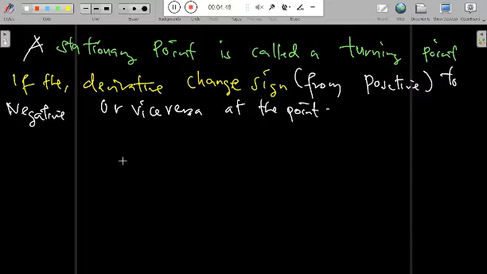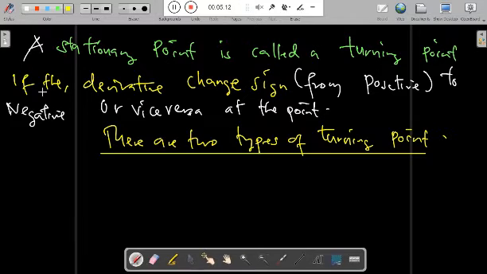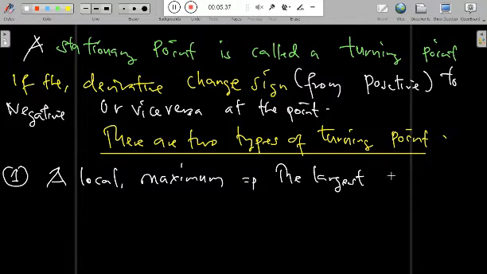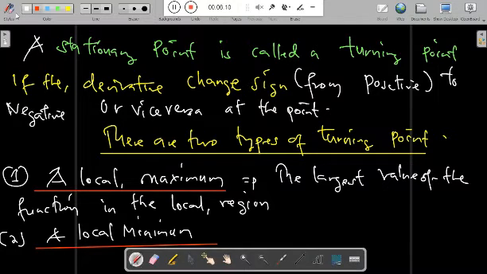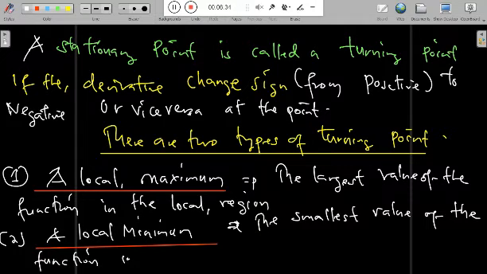There are two types of turning points we are going to discuss: a local maximum and a local minimum. A local maximum is the largest value of the function in the local region, whereas a local minimum is the smallest value of the function in the local region, as you observe on the previous graph.